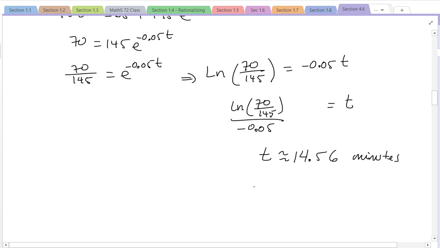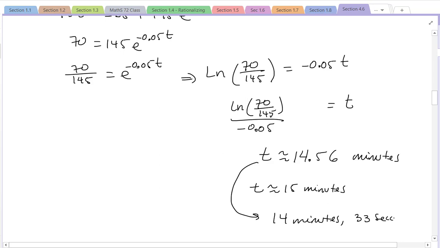If you're asked to round to the nearest minute, it will be approximately 15 minutes. If you're asked to write it in minutes and seconds, convert 0.56 minutes to seconds, which is a little over 30 seconds. So 14 minutes and 33 seconds is what it will take, approximately.